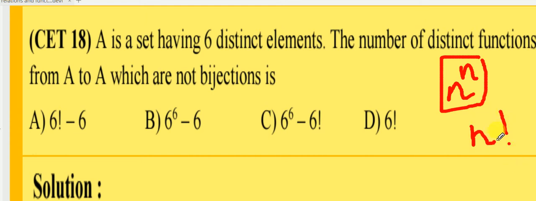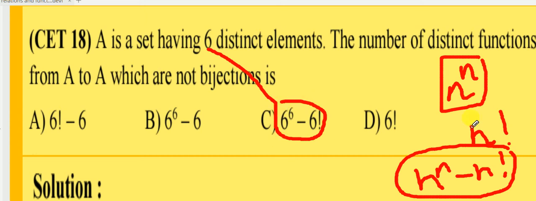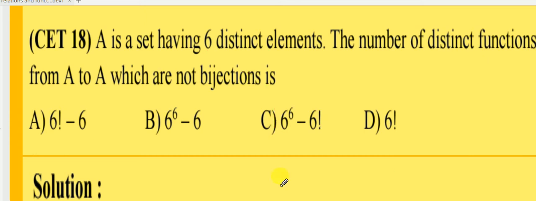So n to the power of n minus n factorial gives the functions which are not bijective. Here I have 6 elements, therefore 6 to the power of 6 minus 6 factorial. This shortcut formula will help you find the number of functions, the number of bijective functions, and also the number of functions which are not bijective.